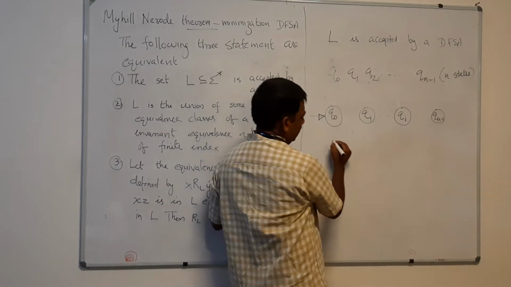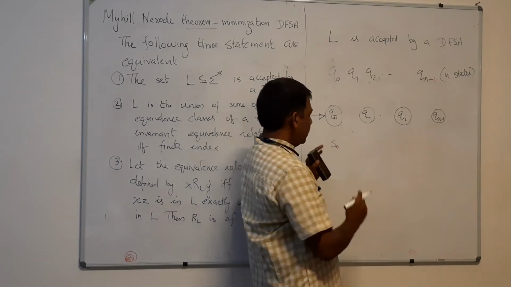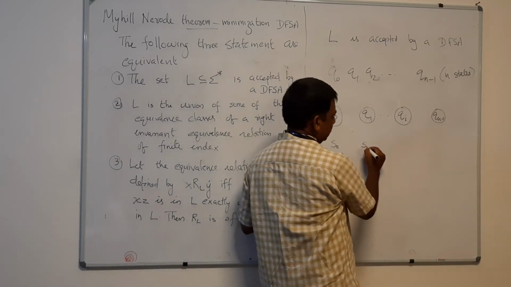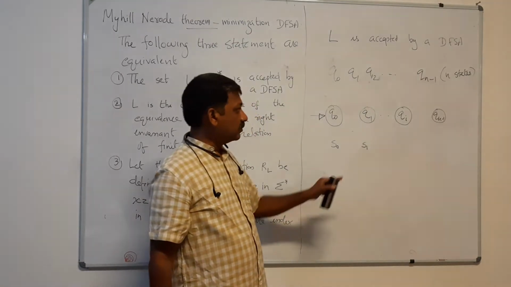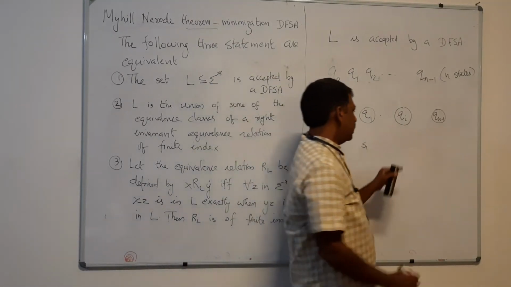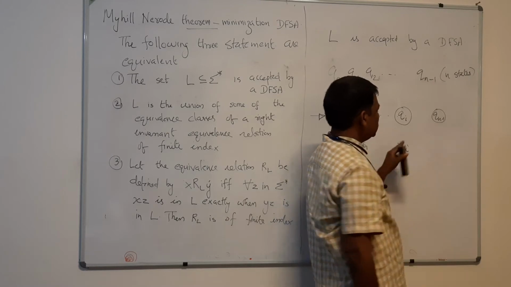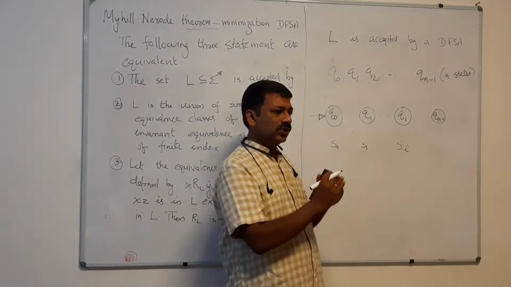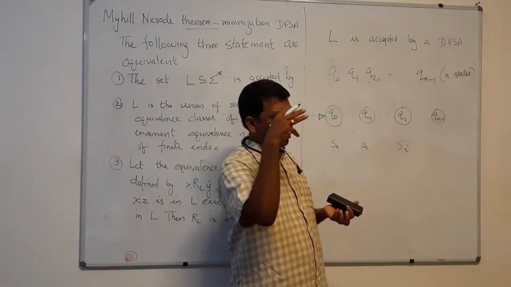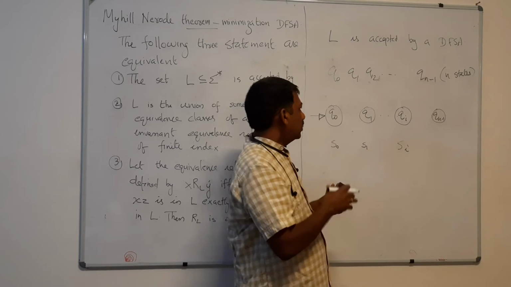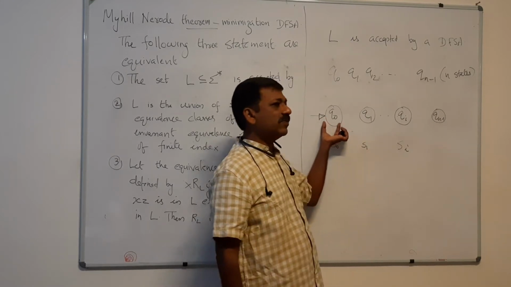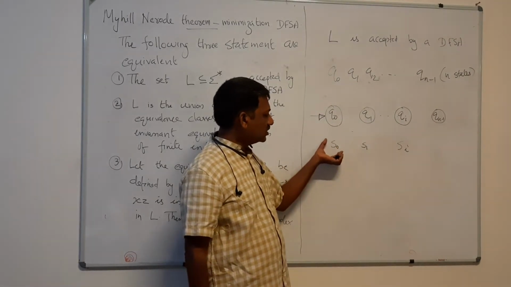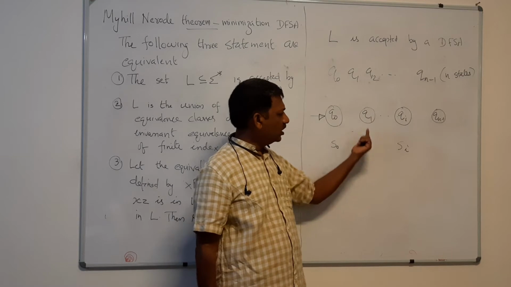Suppose that S0 is the equivalence class represented by q0, S1 is the equivalence class represented by q1, and Si is represented by qi. You have n different states q0 to qn minus 1, and each state is represented as an equivalence class.